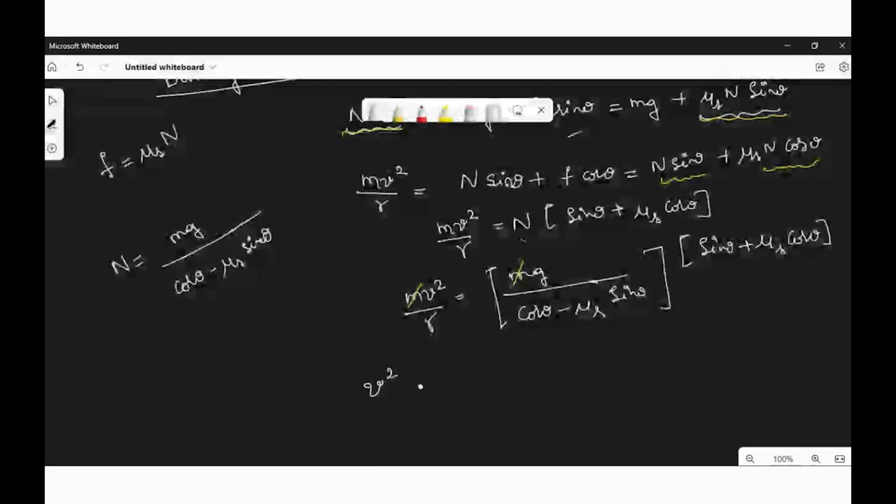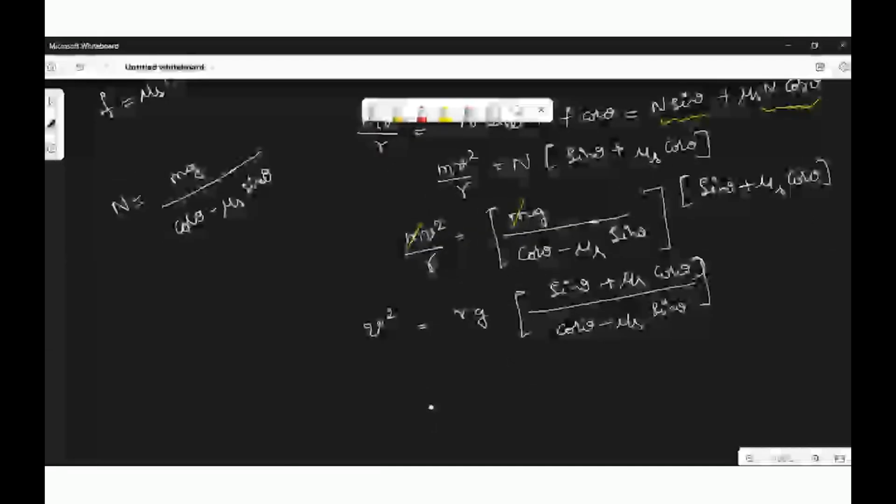So you will get v square is equal to r g times sin theta plus mu s cos theta divided by cos theta minus mu s sin theta. Now we'll do one more step: divide by cos theta throughout. So v square is equal to rg, and dividing by cos theta, sin theta by cos theta will give you tan theta.